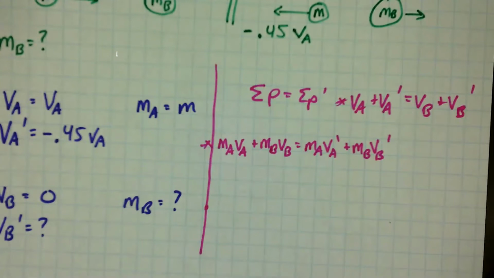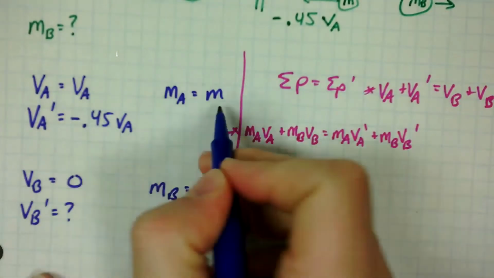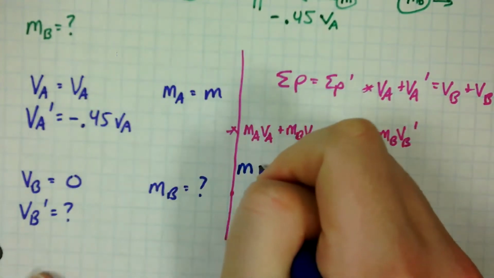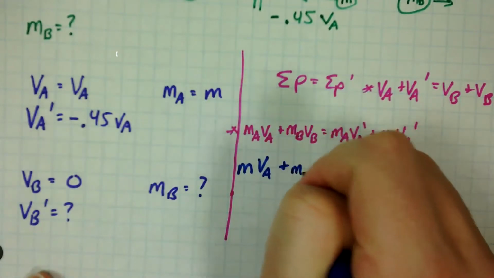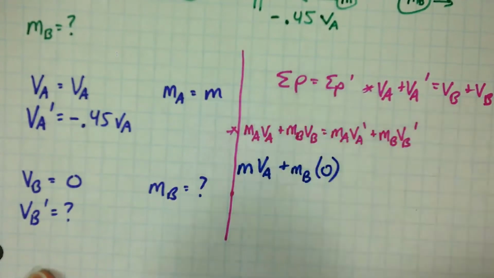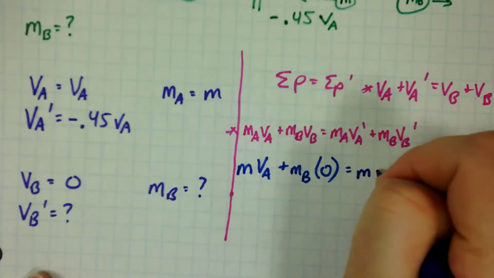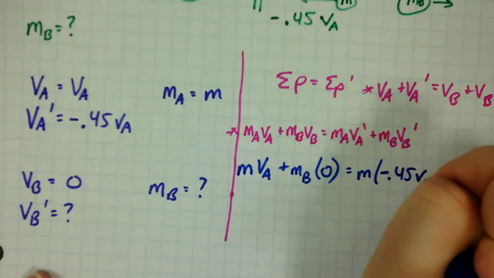All right. Now we can plug in what we know, right? We're going to call MA just M, and VA we're going to call VA. MB, we don't know. VB is 0. MA is M. VA prime is negative 0.45 VA.